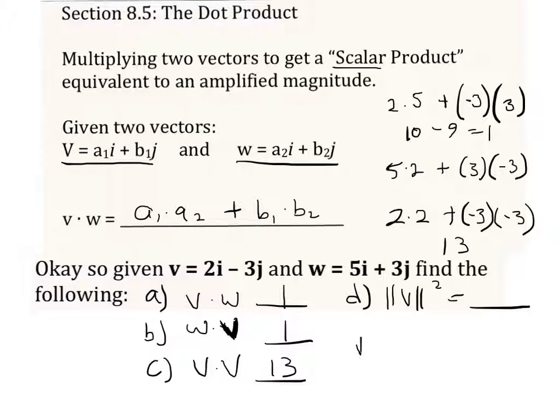So we take the magnitude, you get the square root of 2 squared plus negative 3 squared. And then you square that, you'll end up with 13 again. So v dot v is the same as your magnitude squared. Okay? So that's another property of the dot product.